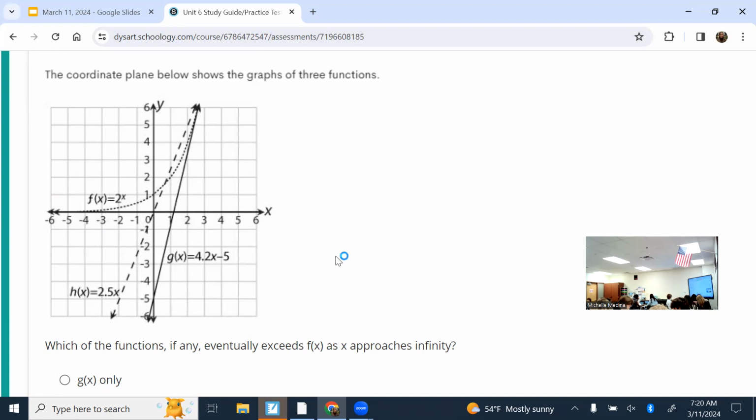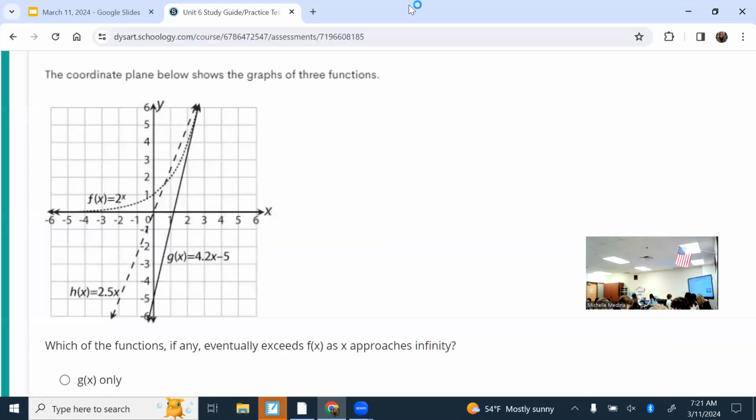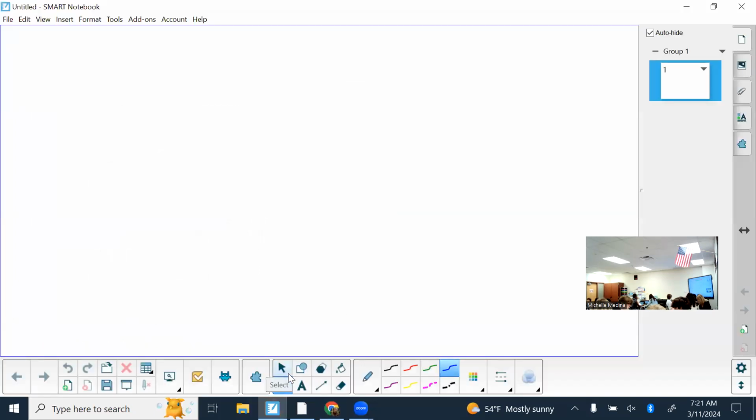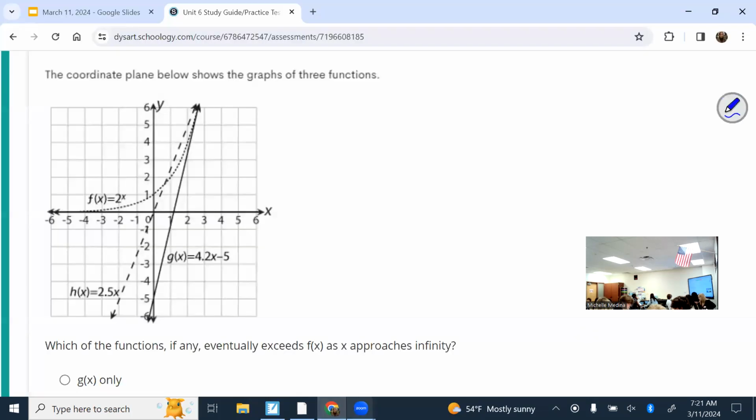What type of function is the f of x function? The question I'm asking you is what type of function is f of x if it looks like 2 to the x power? So it's not quadratic, but try.